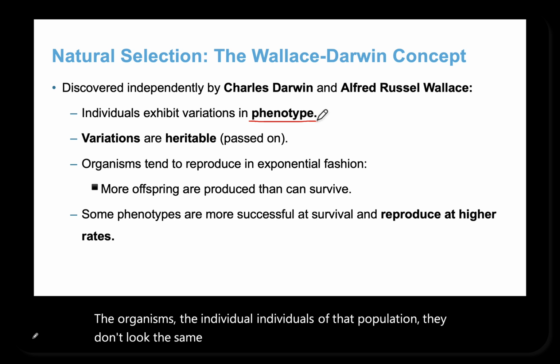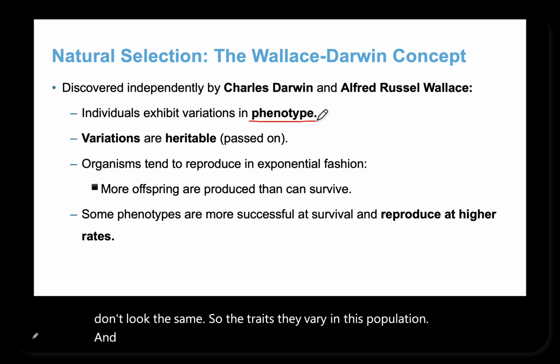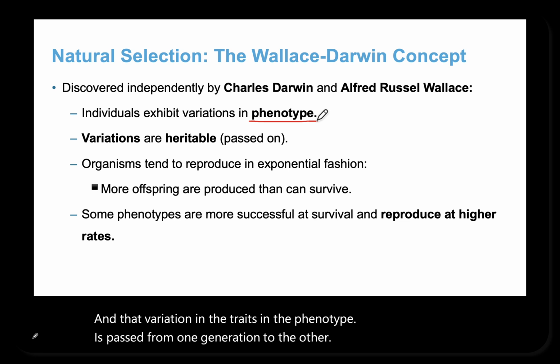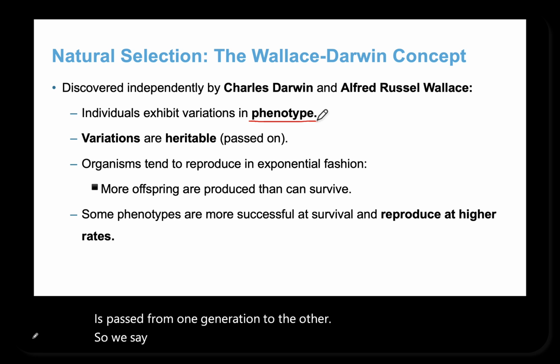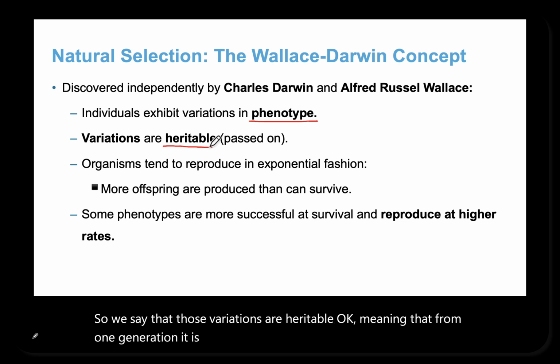So the traits vary in this population. And that variation in the traits, in the phenotype, is passed from one generation to the other. So we say that those variations are heritable. Okay? Meaning that from one generation, it is passed on to the other generation.